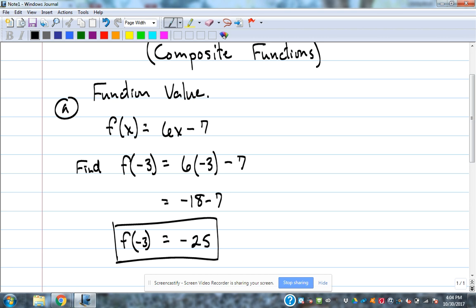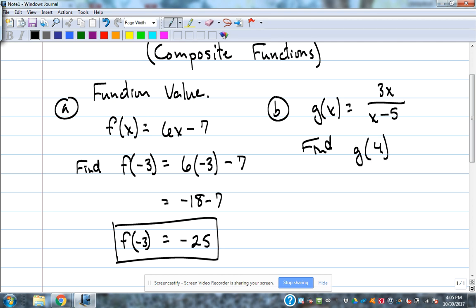But function value, you got to know what that means to deal with that. So if we don't know what function value is, we could run into some problems. Same idea. They ask us for g of x being 3x over x minus 5, find g of positive 4, something like that. What do we do with the 4?